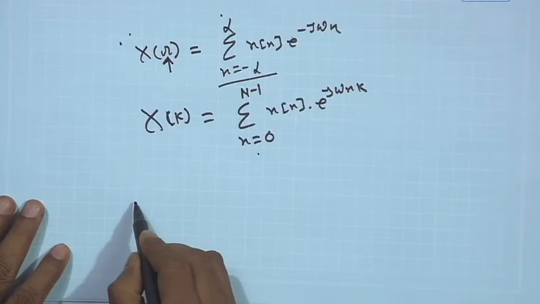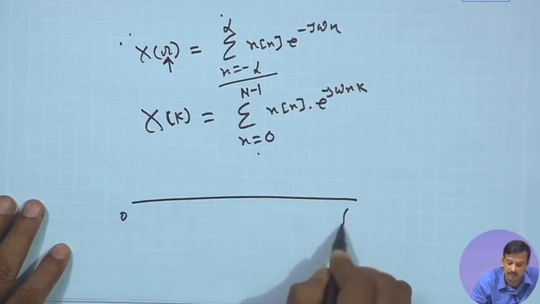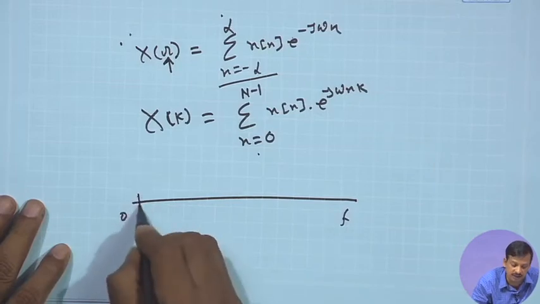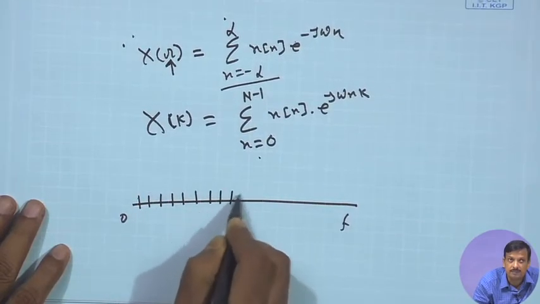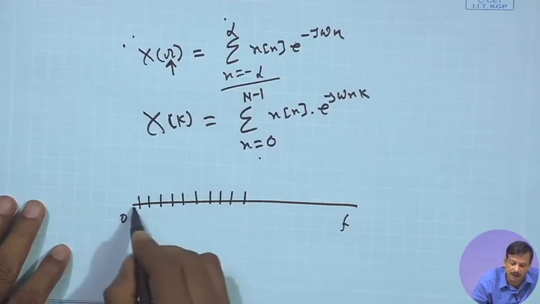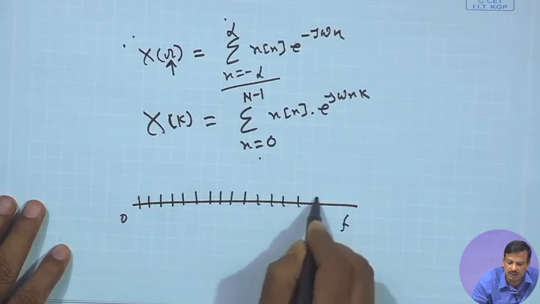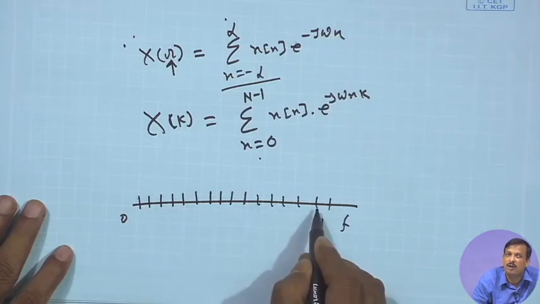Suppose I have a frequency range, from here to here is f, and I want to discretize it. So, let us divide this length into N discrete values.